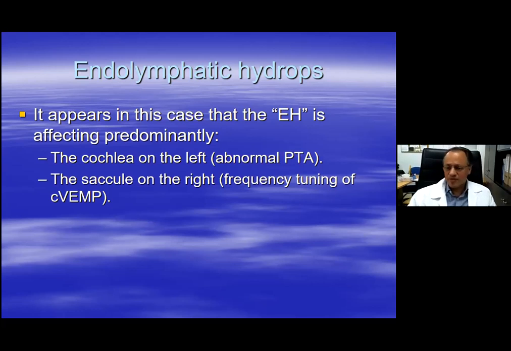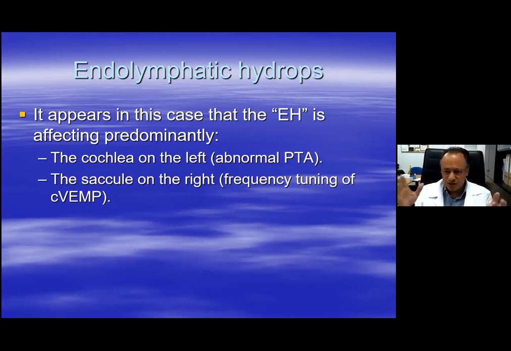But it appears that we have a case of Meniere's or Meniere's-like condition, if you like. But the hydrops, if we believe that this is the cause of these conditions, is affecting the cochlea on the left, but the saccule or the vestibular labyrinth on the right.